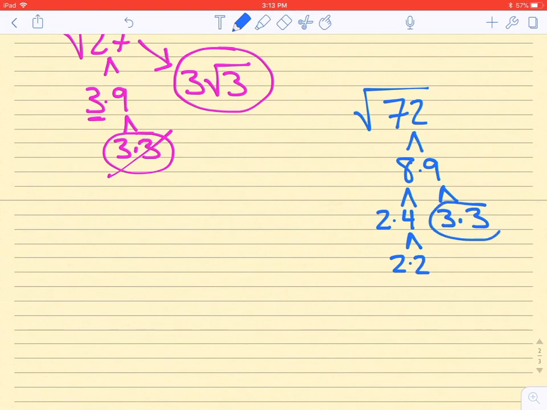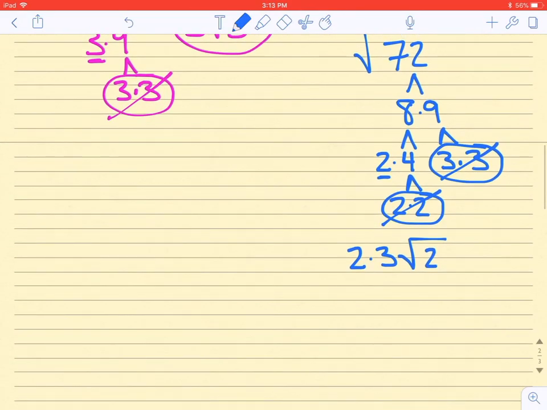So then we have a pair of 3's and a pair of 2's. We could take out a 2 and a 3, so they get multiplied together and put in the front of our radical. And then you have this other little 2 left over. So 2 times 3 would be 6. So it simplifies to be 6 times the square root of 2, or 6 root 2.